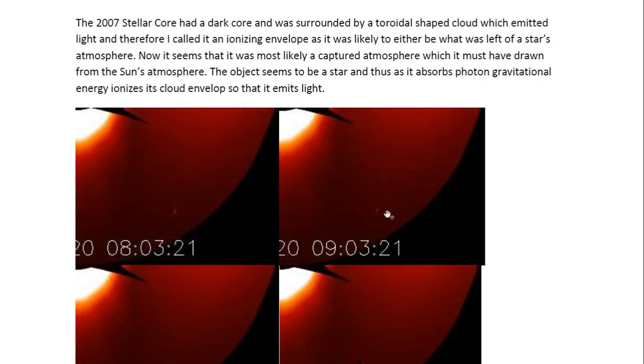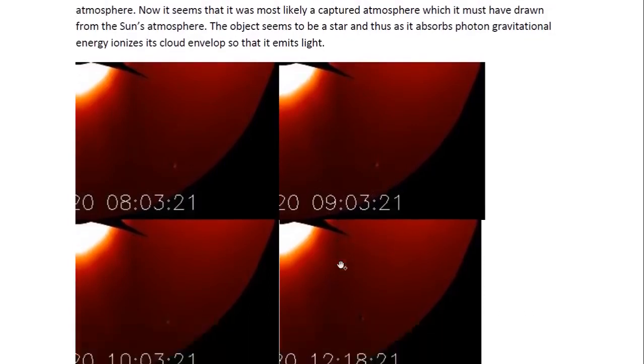It was quite large. It was about 2.2 times larger than Jupiter. And so it would have been the core of what was once a star. So the object seems to be a star, and thus, as it absorbs photon gravitational energy, it ionizes its cloud envelope so that it emits light.